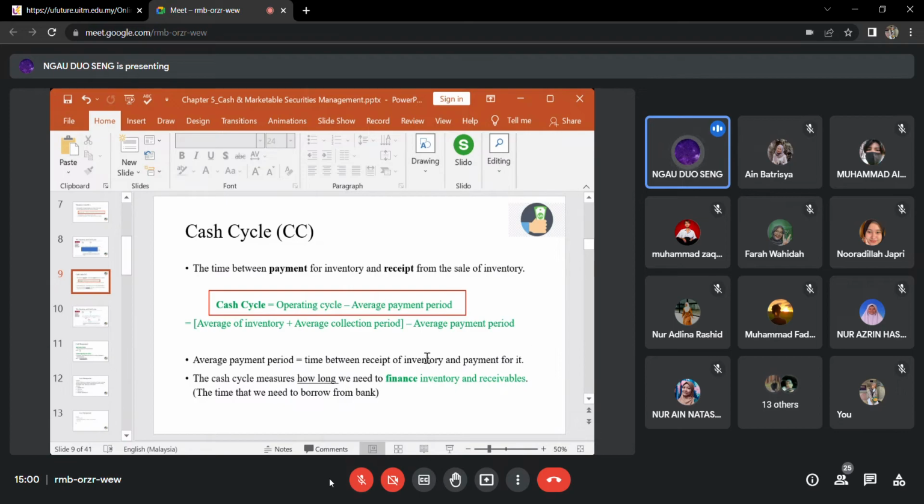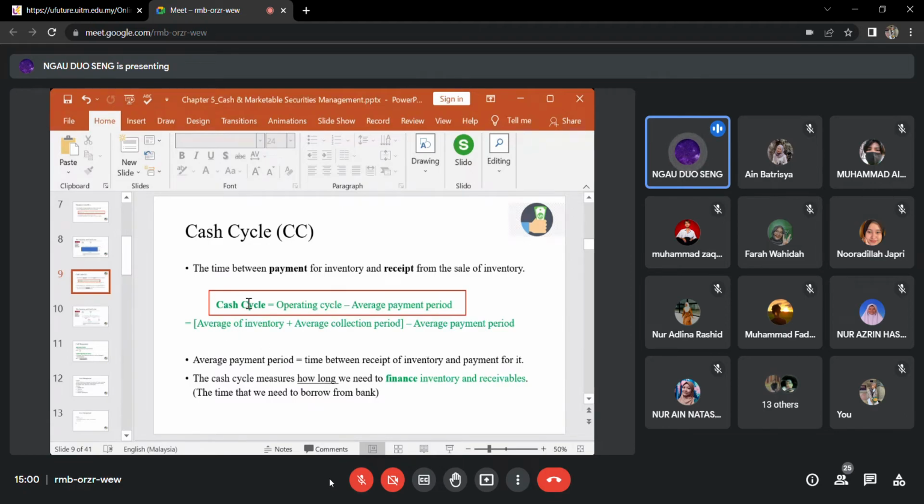Right, you beli raw materials atau anything. When we buy things, we need to make payment, right? Right, so this one will be the average payment period. I mean, how many days start from you receive the materials. So after 7 days, you kena bayar. Kita panggil average payment period.